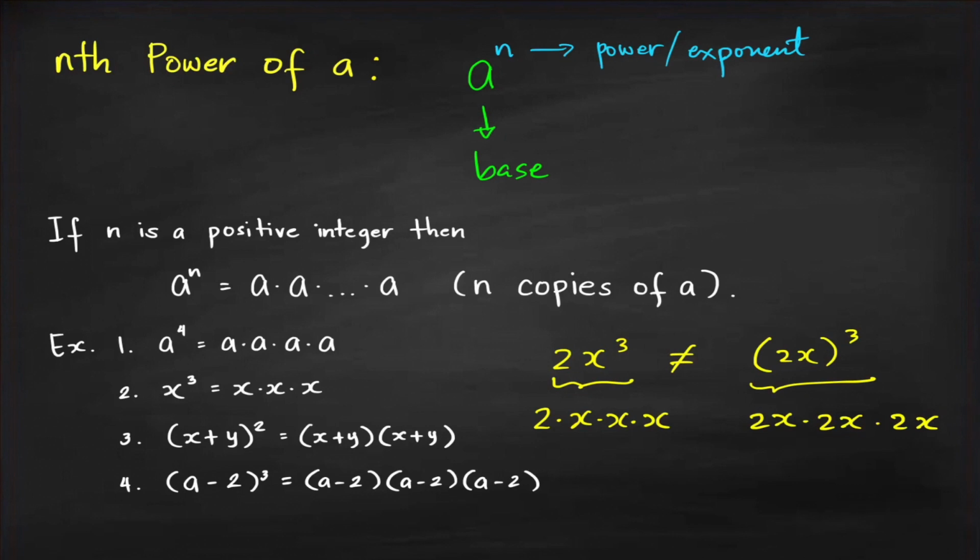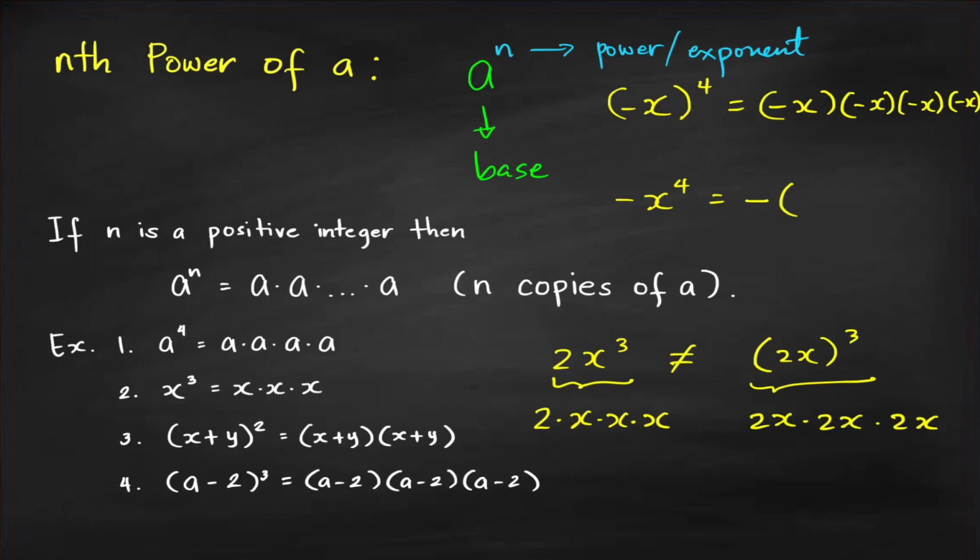If we also look at, let's say, negative x raised to 4, with the quantity in parentheses, and compare it with negative x raised to 4, the quantity of negative x raised to 4 means we have to multiply 4 copies of negative x. The second expression means it's the negative of x raised to 4, which is the product of 4 copies of x.